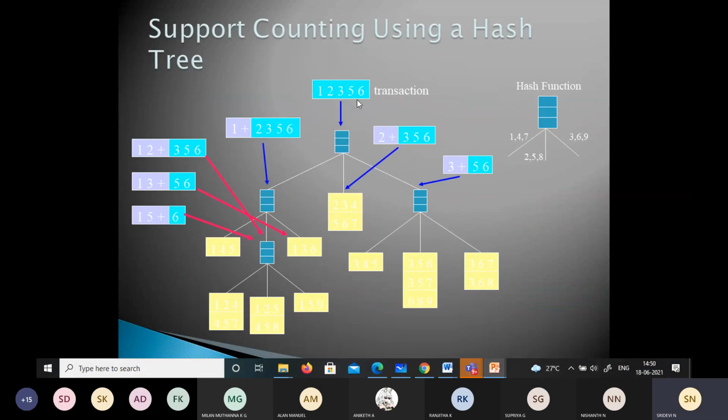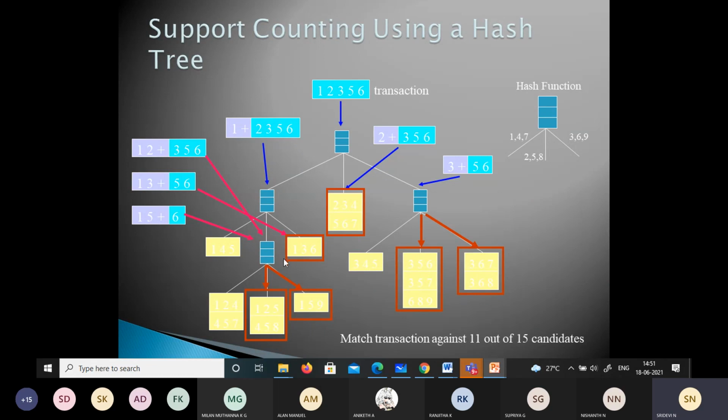So for this transaction, 1, 2, 3, 5, 6, as we have seen, the levels we have seen last time, isn't it? 10 candidate sets you can generate. And looking into this, see here, we will have 11 matches for whatever transaction we have done there. We can have 11 matches. You can check the numbers and verify it.